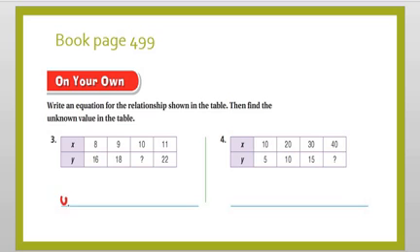Y equals 2 times x. Let's check. Remove x and put 8. 2 times 8 equals what? 16. Yes. Let's check the other one. 9 times 2 equals 18. So again, it's correct. 11 times 2 is 22. So this is the correct relation between x and y.